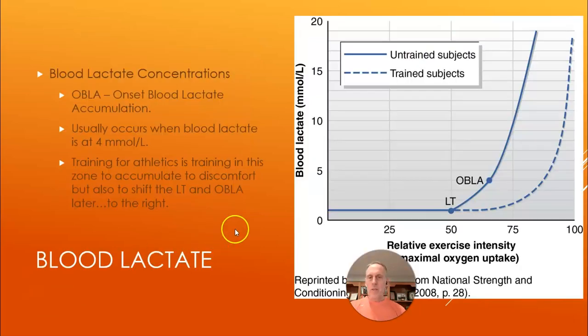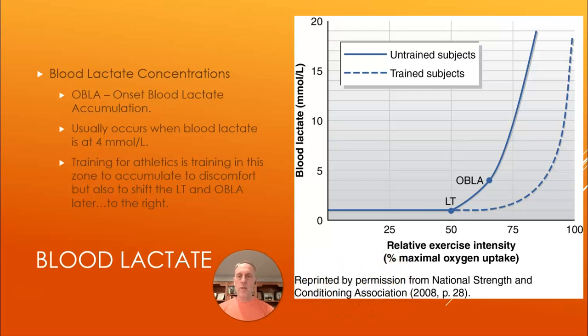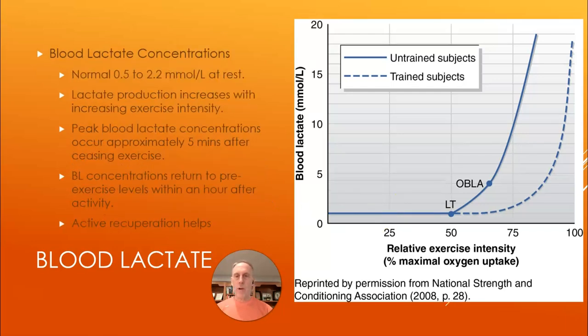Yeah, so this is back from presentation 6, and you think back in terms of, all right, we have onset blood lactate accumulation, and then you have this steady state that we operate at, which is about 0.5 to 2.2 millimoles at rest.